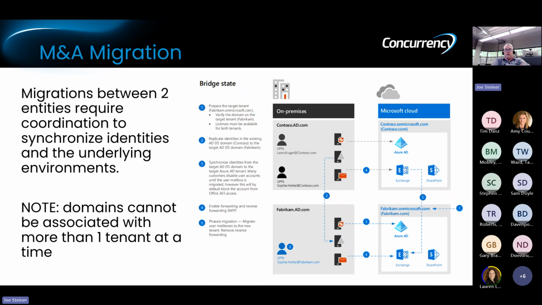Your email domains would be frequently where you'd see this: a domain can only exist in one tenant at a time. So I can't have, in this case, Contoso exist in both the Contoso tenant and the Fabricam tenant. That top level domain, or the next level domain, can only exist in one or the other.